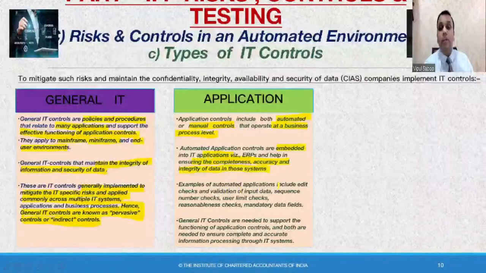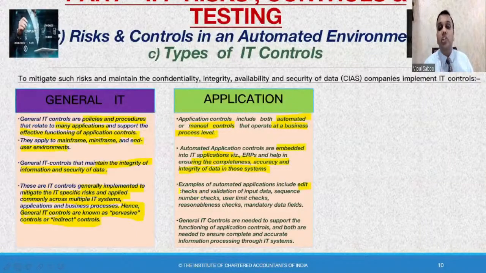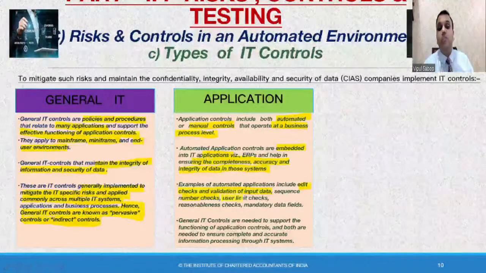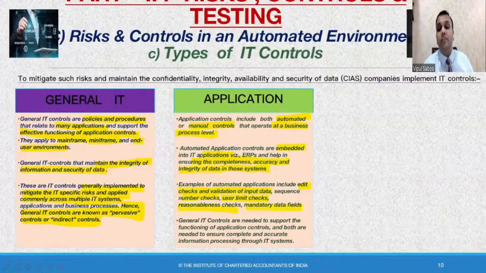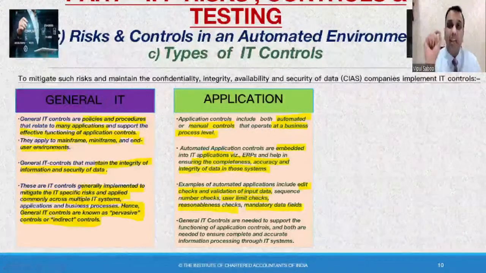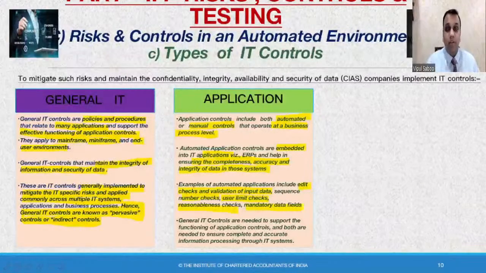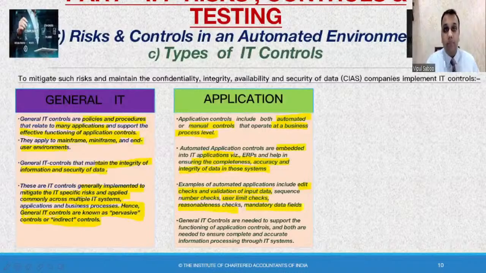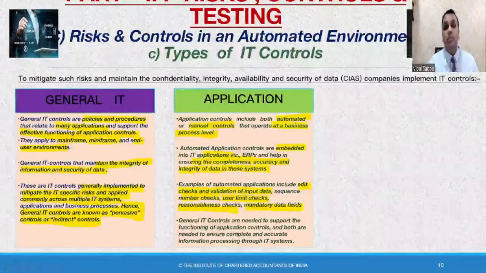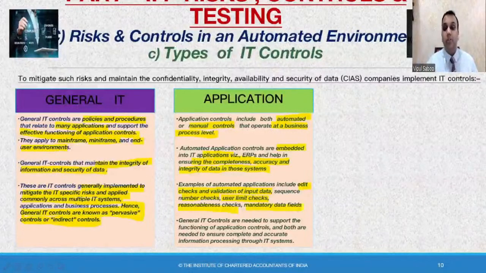Examples of automated application controls include edit checks and validation of input data, sequence number checks, user limit checks, reasonableness checks, mandatory data fields. For example, you are filling a form online and there is a red asterisk over one particular column. You cannot navigate further unless and until you enter data in that particular field. Mandatory data field.